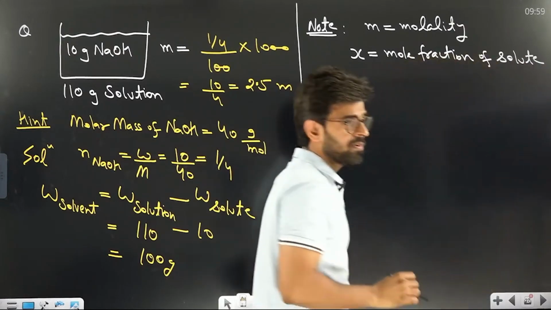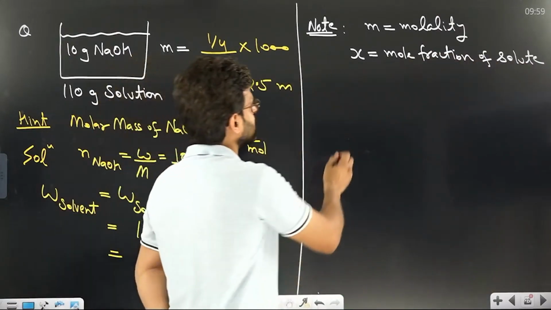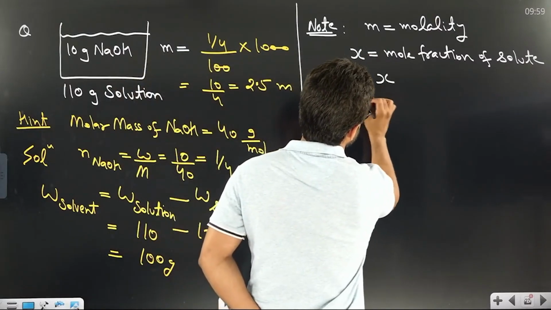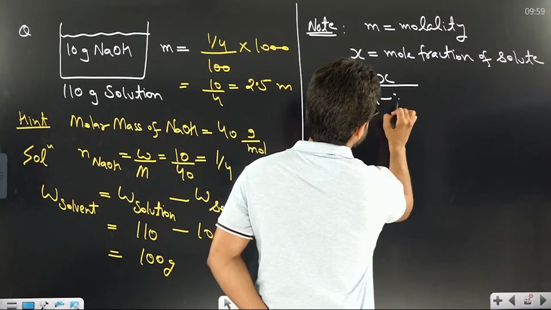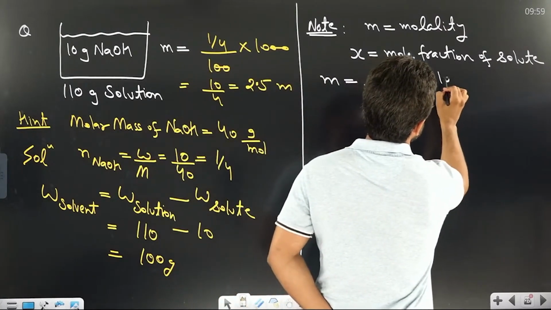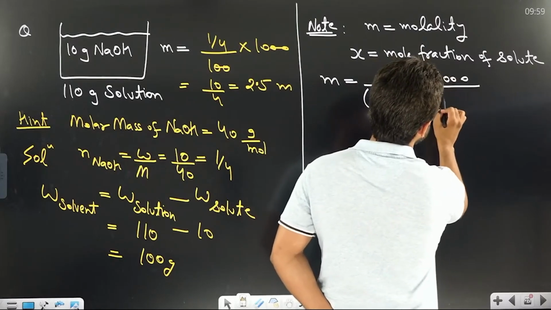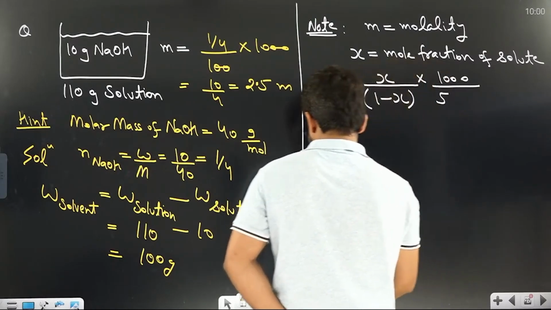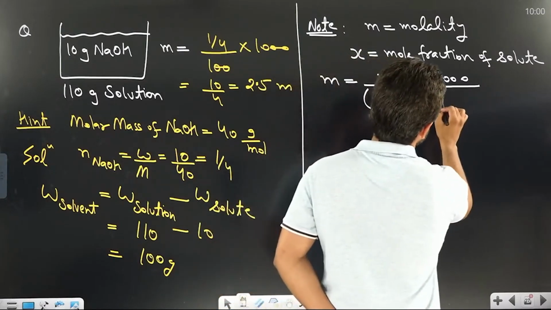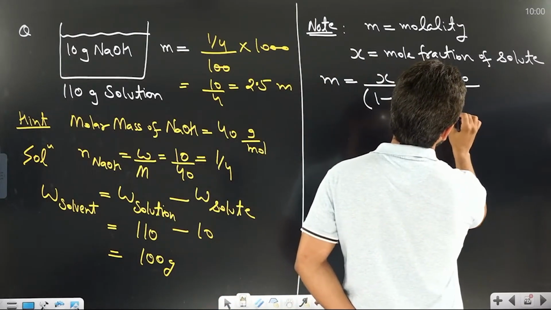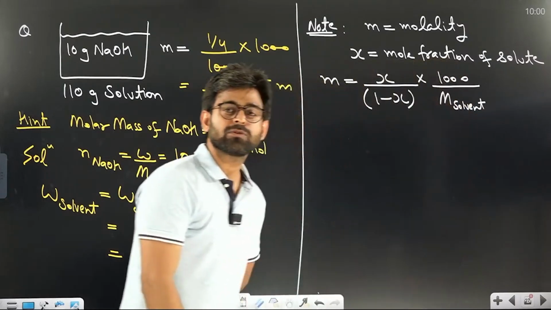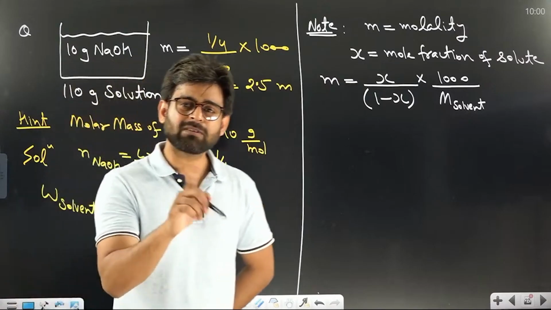And bacha, if you want to find a relation between these, so what is the relation? Molality is equal to mole fraction of solute divided by 1 minus mole fraction of solute, into 1000 divided by the molar mass of solvent, right? Normally we take aqueous solutions.